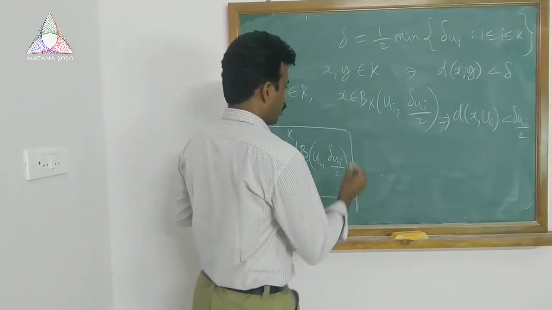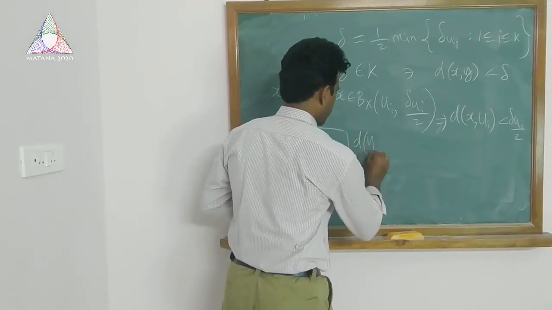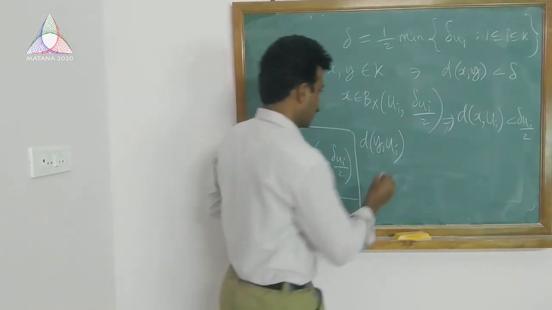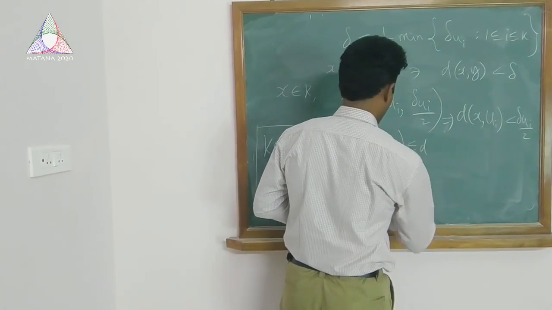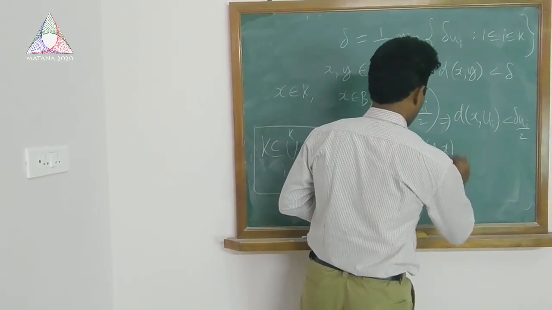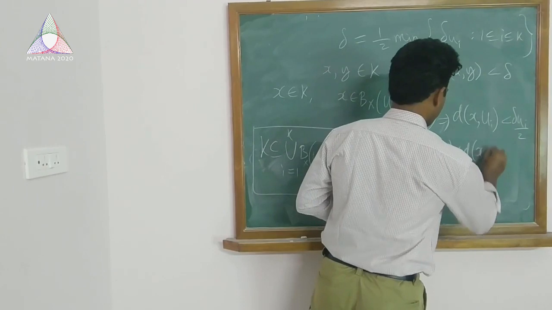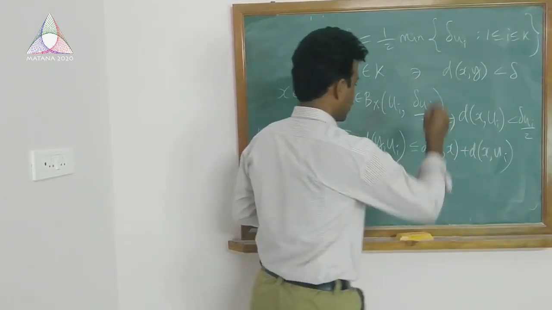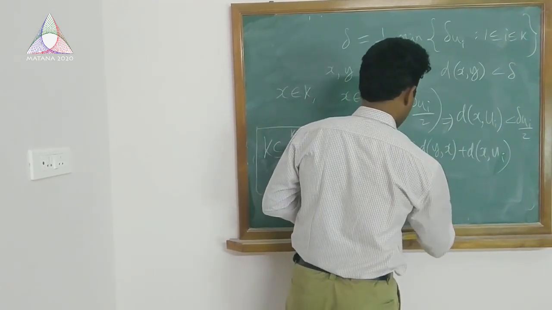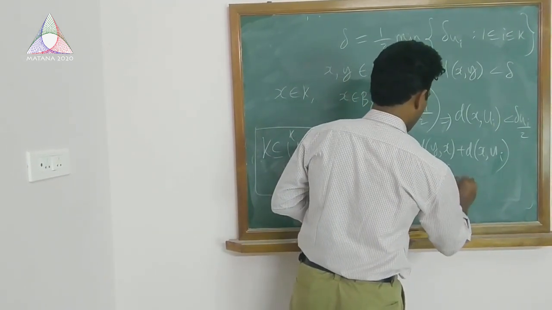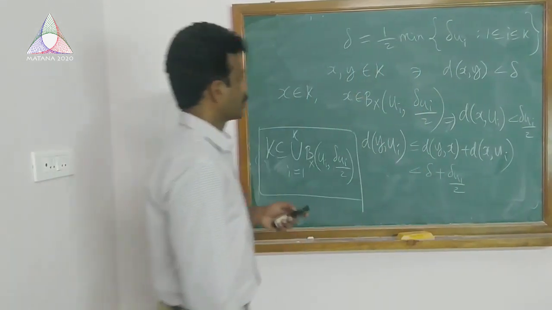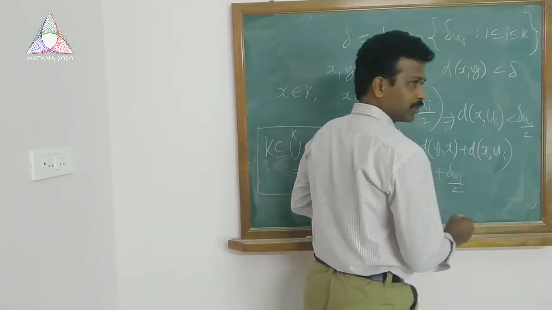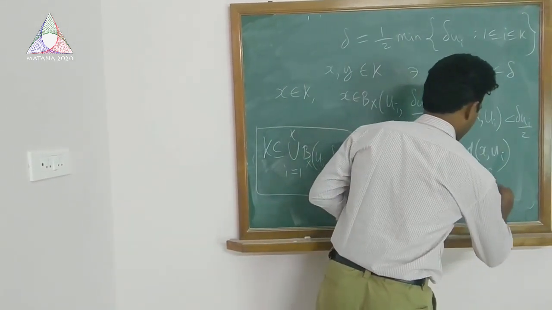Now let us find the distance between y and u_i. By using the triangle inequality, the distance between y and u_i is at most the distance between y and x plus x and u_i. But the first quantity we have taken as less than delta, and the second is less than delta u_i by 2. So one can show this is less than delta u_i.